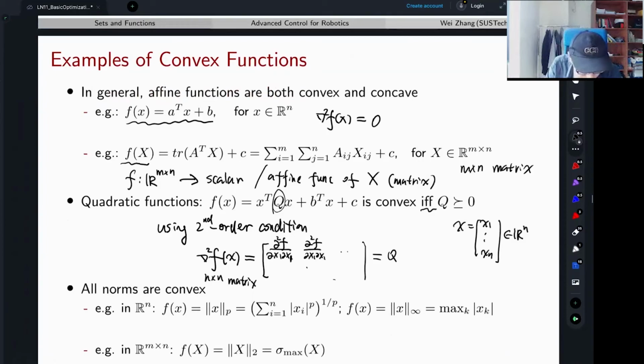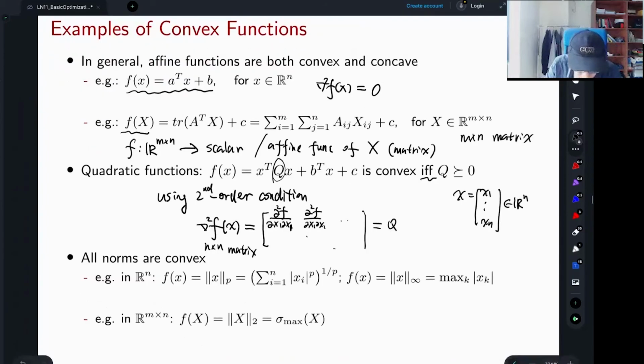Also there are some other facts, I don't want to mention all of them. For example, all norms are convex. I'm not sure whether you still remember what the p norm means. For example, I can give you an example.